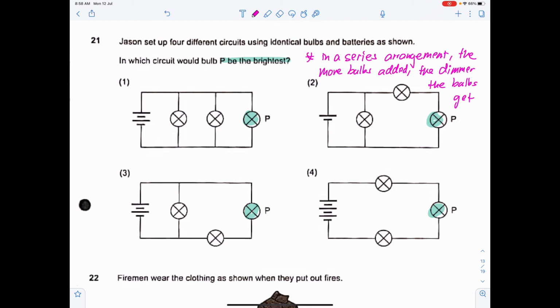So if you take a look at it, one look and I know the answer will be 1, because this is the only one where P is actually parallel, the 3 bulbs are all in parallel arrangement. So if you just have 1 bulb, let's just say, is 10 units. When you add another one, it's still 10 units, and P will still be 10 units. There is no decrement at all. So therefore, P will be the brightest.